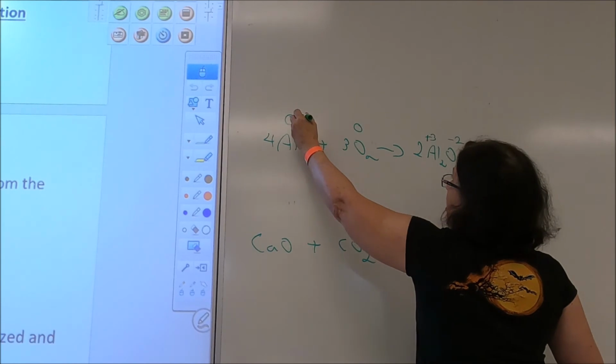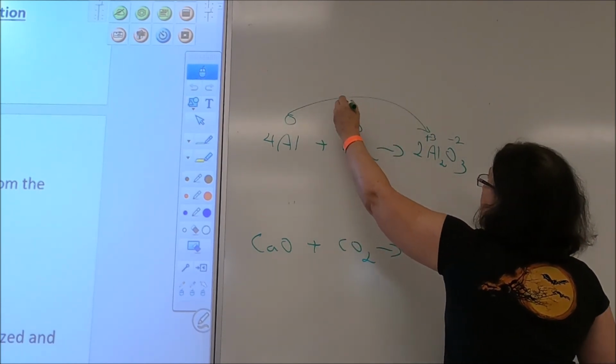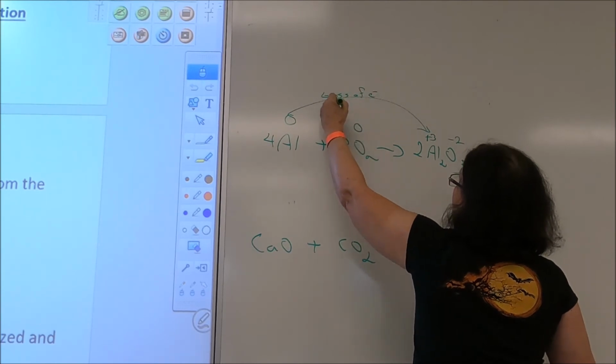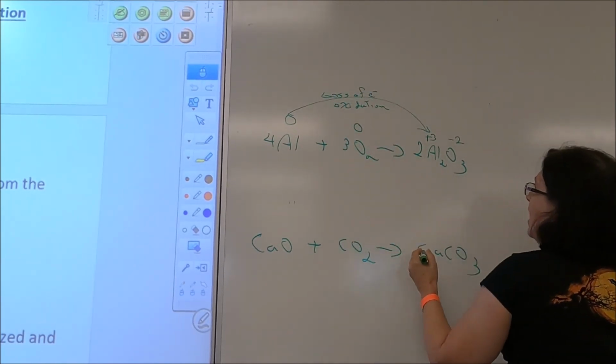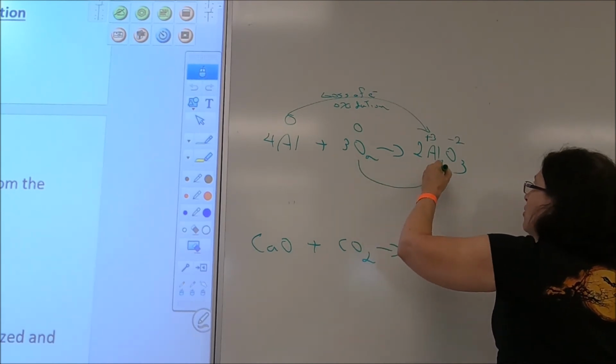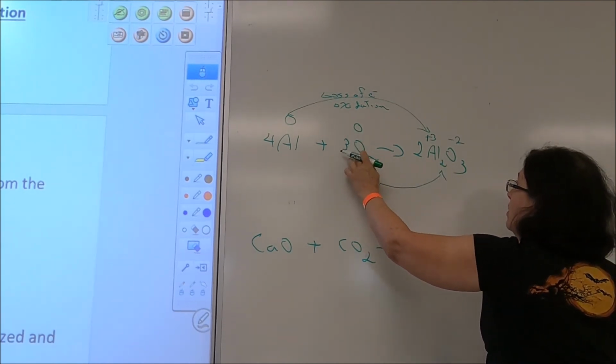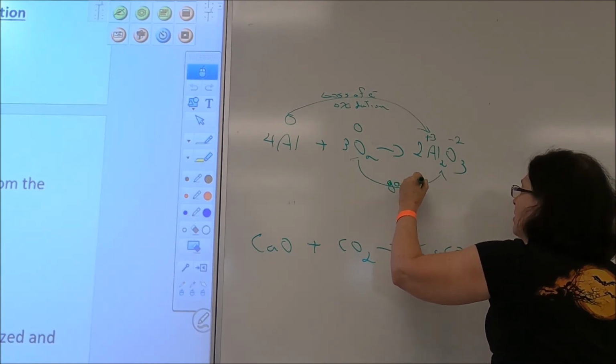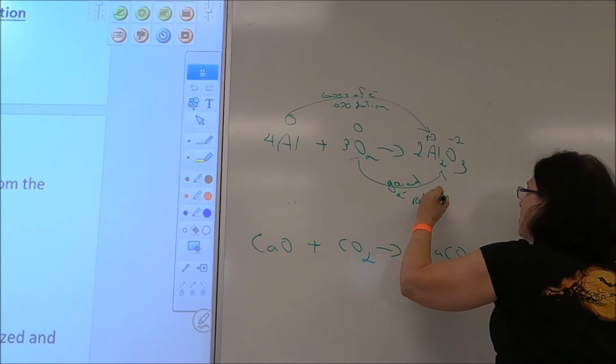So notice aluminum went from 0 to +3, so that's the loss of electrons. That's oxidation. Oxygen went from 0 to -2, so it gained electrons. That's reduction.